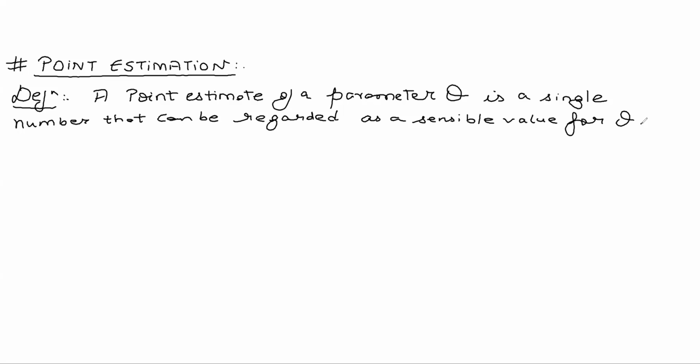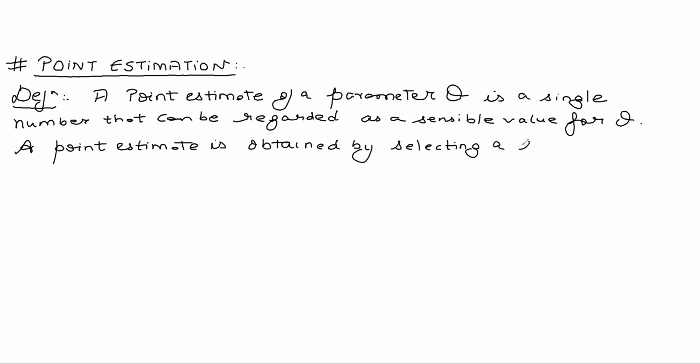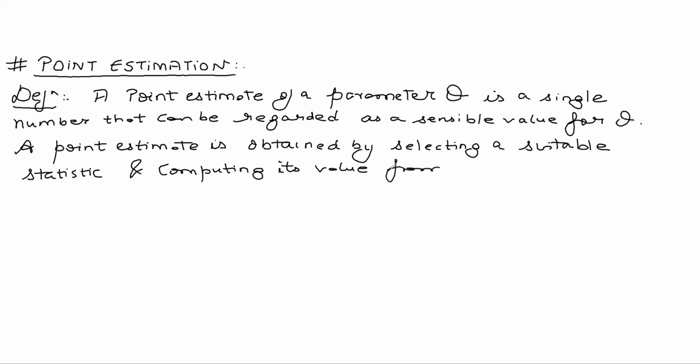Okay, so how is a point estimate obtained? A point estimate is obtained by selecting a suitable statistic and computing its value from the given sample data.